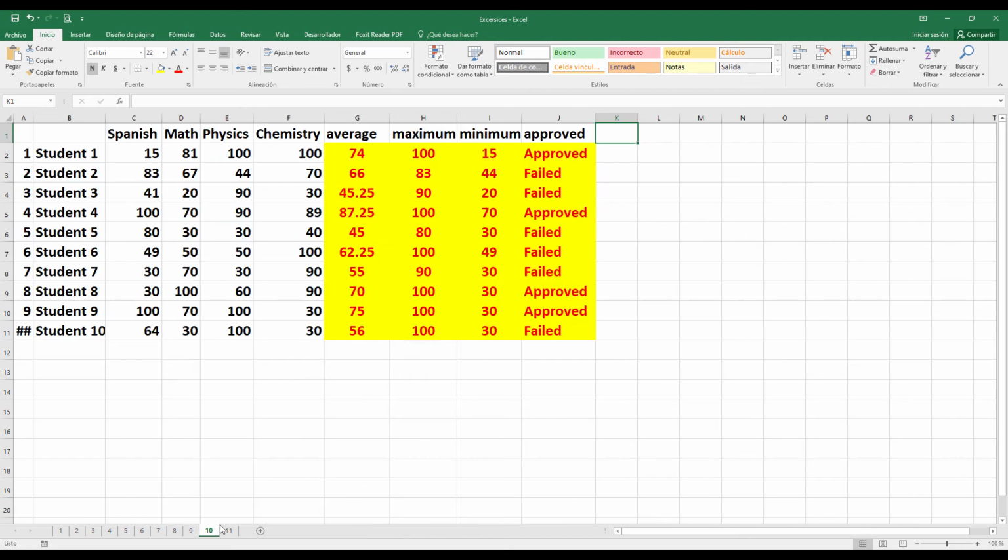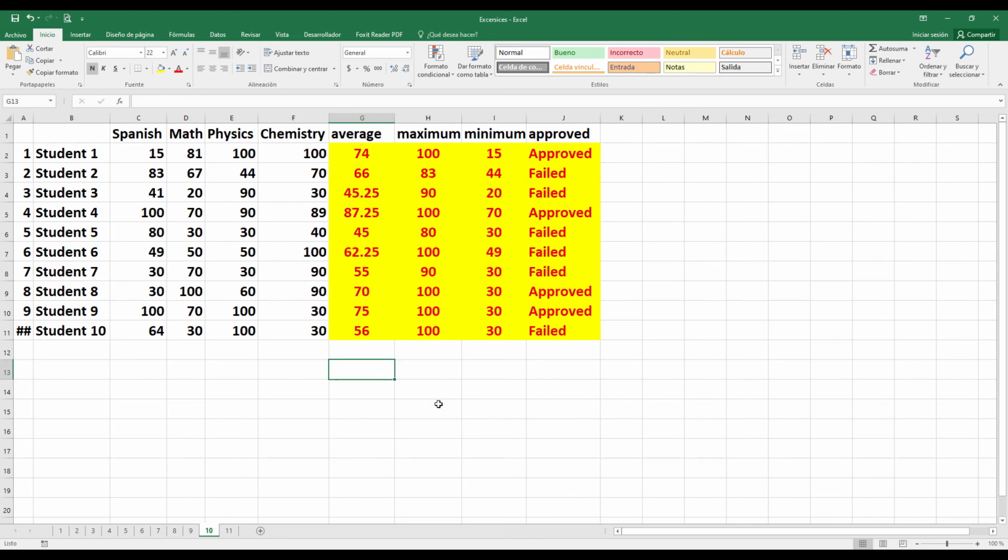Okay, the next one. School format. It's about 4 subjects and 10 students. You will calculate the average, promedio in Spanish, of 4 subjects. Yes, and the maximum, which was the maximum grade. Yes, max, minimum, mean.